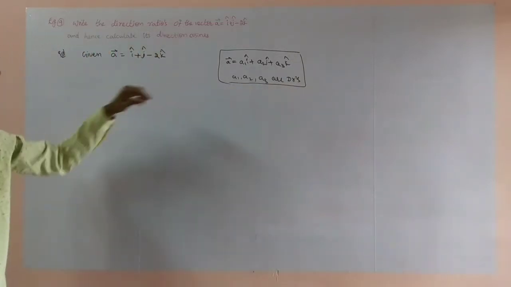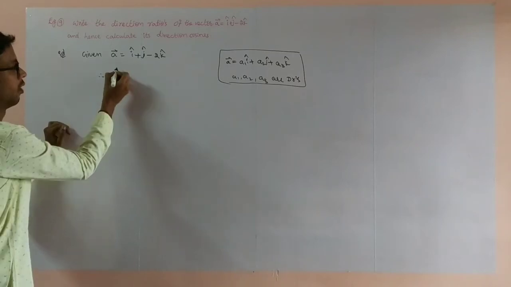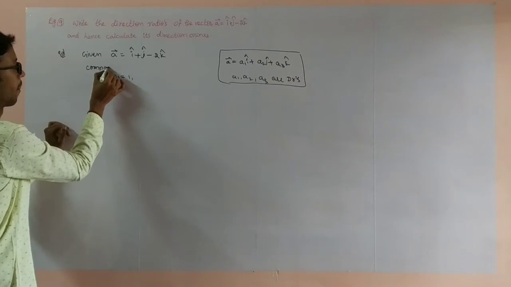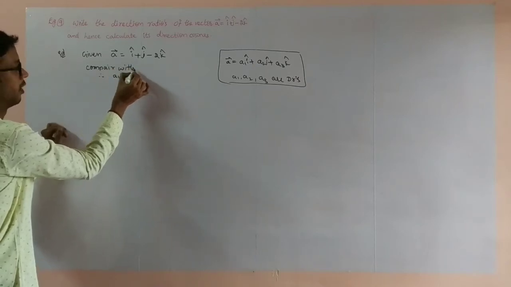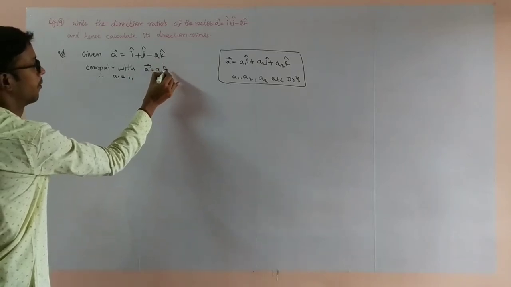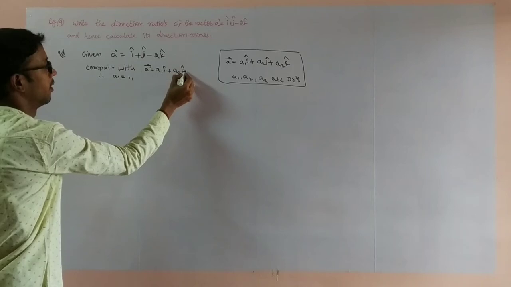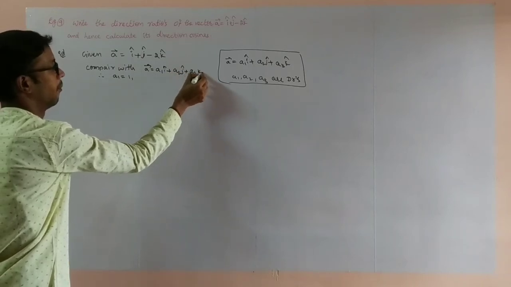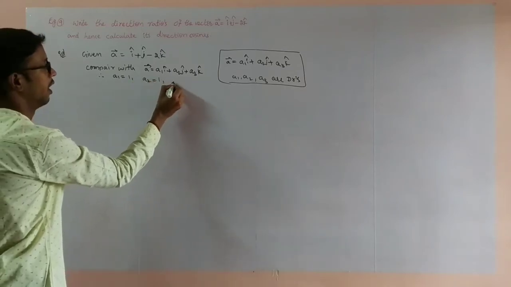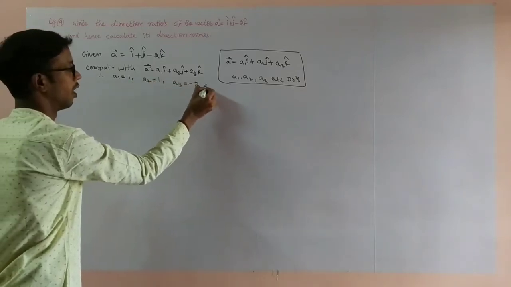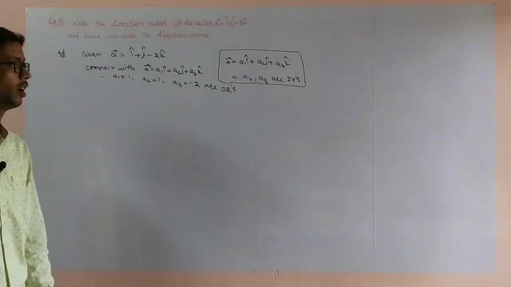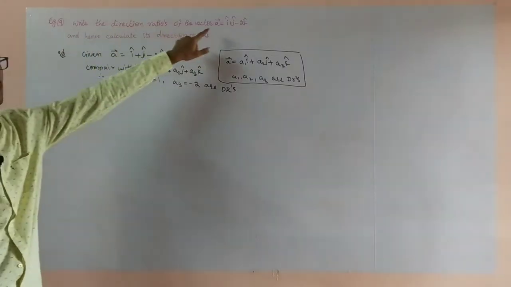One note point is there. By that note point, we can write, therefore, comparing with a bar equal to a1 i cap, a2 j cap, a3 k cap: a1 is equal to 1, a2 is equal to 1, a3 is equal to minus 2 are the direction ratios.